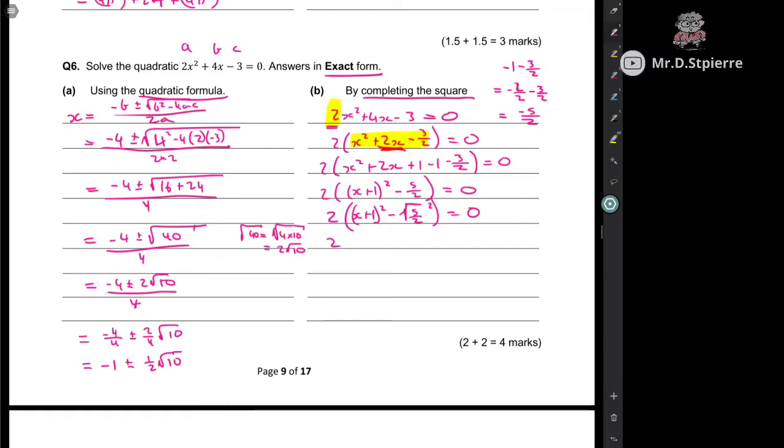So we get 2 bracket x plus 1 minus root 5 on 2, close bracket, bracket x plus 1 plus root 5 on 2, close bracket, equals 0. So we're slowly getting there.